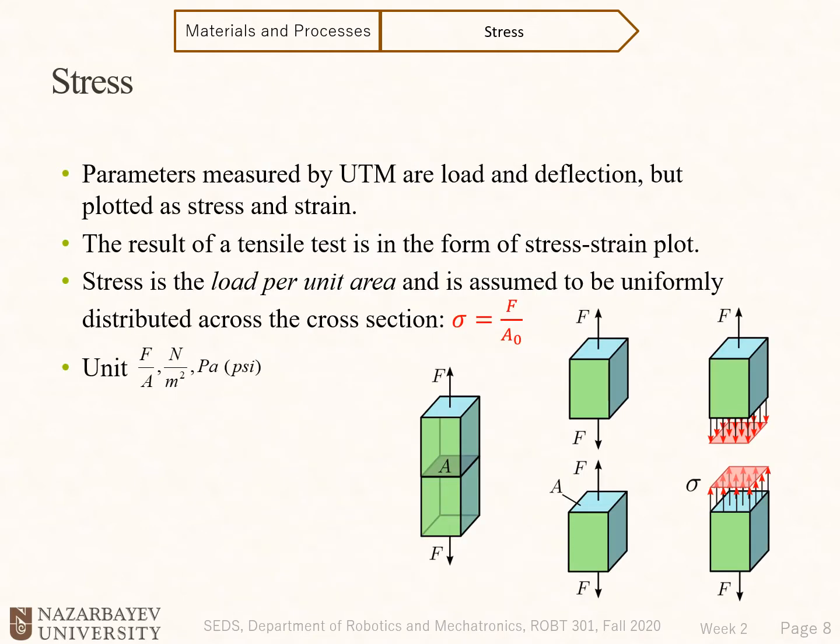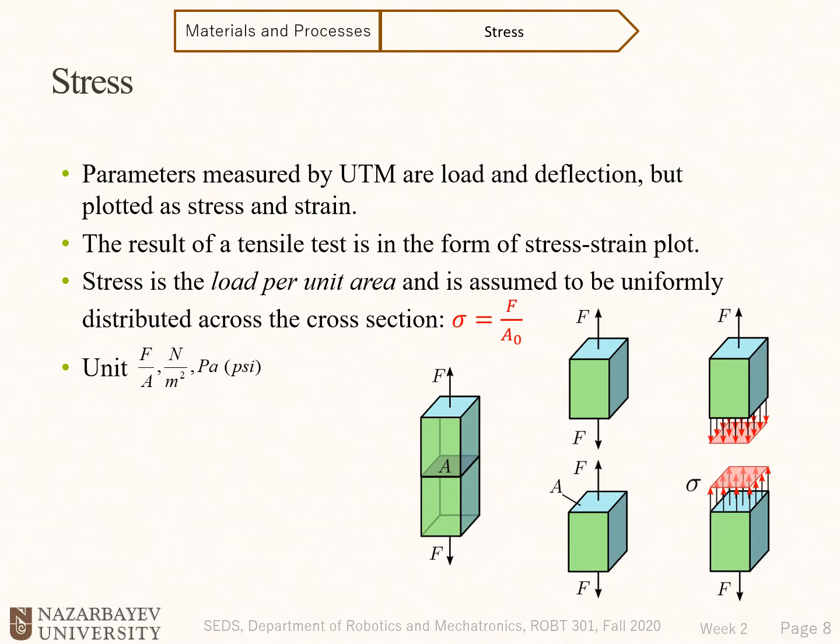Okay, so the parameters measured by the UTM are load and deflection. What is deflection? That's the length change, yes? But the results are plotted as stress and strain, so we need to know what stress and strain are.